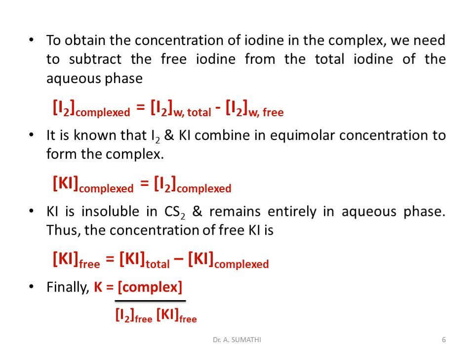If I want to determine the complex ion, I have to subtract free from total. Simple. Clear? Finally, the stability constant K is equal to the concentration of complex divided by the concentration of free iodine times the concentration of potassium iodide. This is the very simple derivation we obtain by applying the distribution method or partition method.